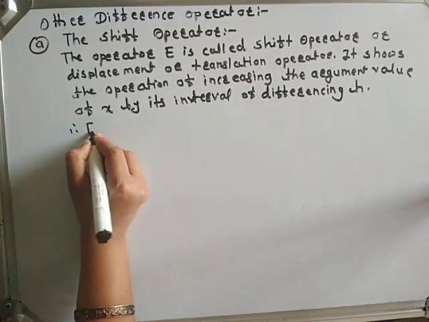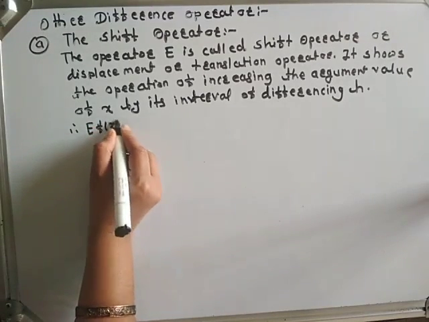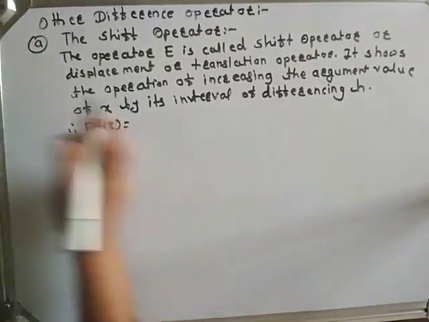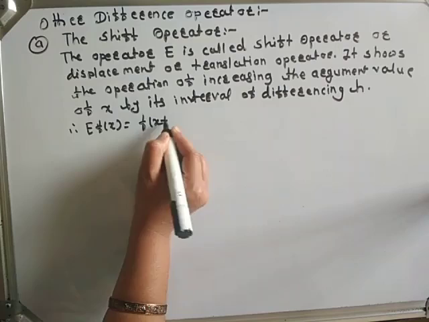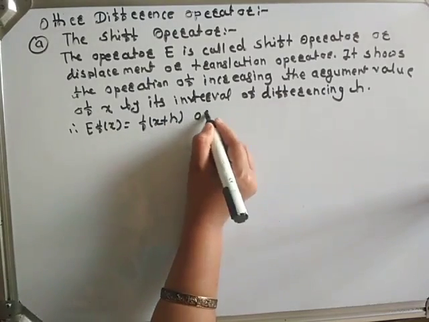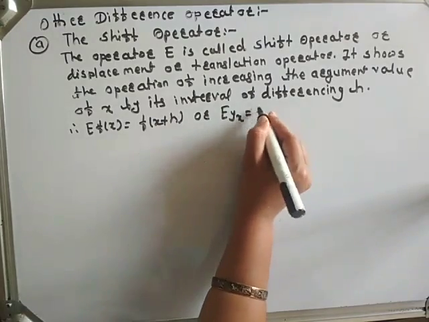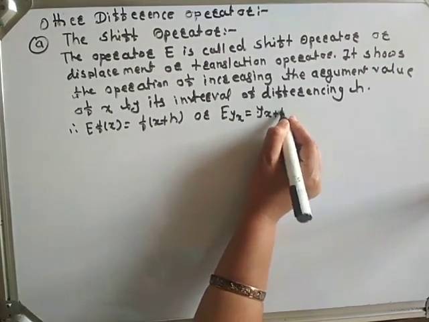Therefore, E of f of x is equal to f of x plus h, or E y x is equal to y x plus h.